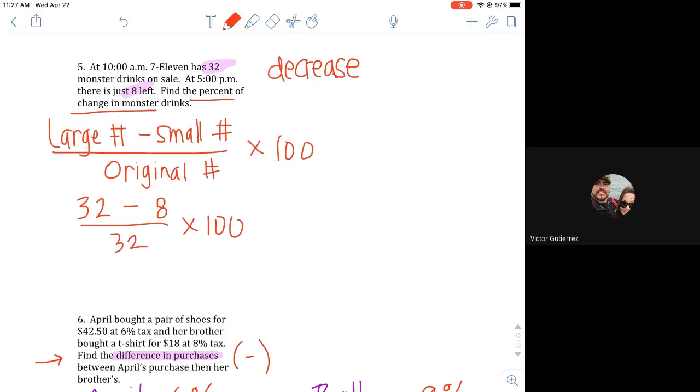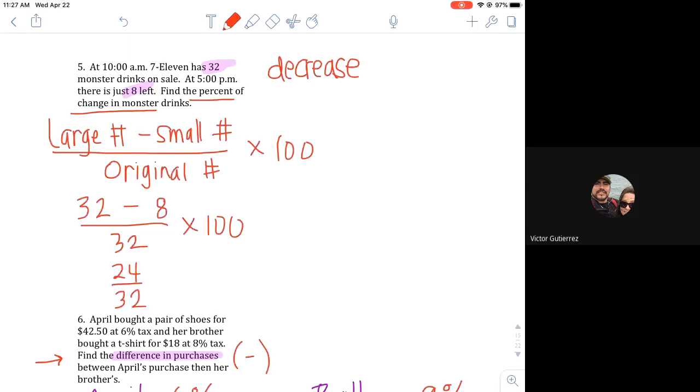I believe that's 24. We're going to divide it by 32, and we're going to multiply it by 100. I ran out of room there, so I'll continue up here. 24 divided by 32. All right.